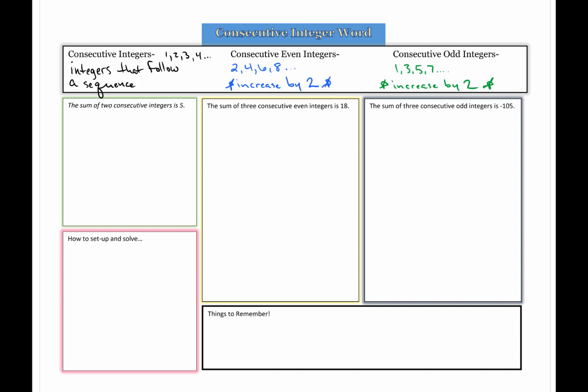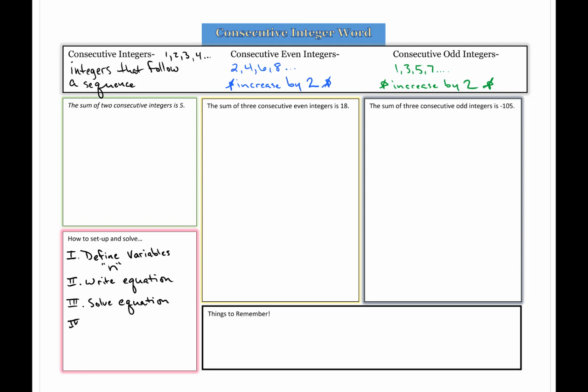So speaking of how to set up and solve, let's look at that. To set these up, the first thing we're going to do is define our variables. And usually we're going to use n for our variable. Second thing we're going to do is write the equation. Third, we're going to solve the equation that we write.